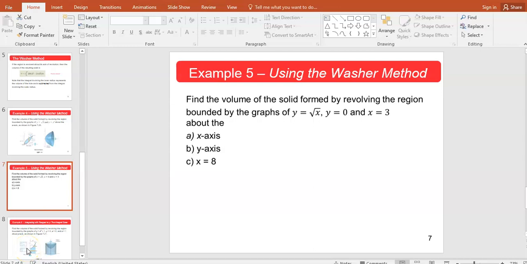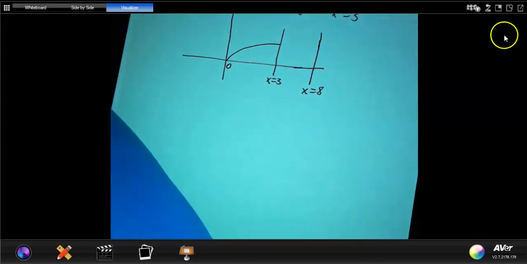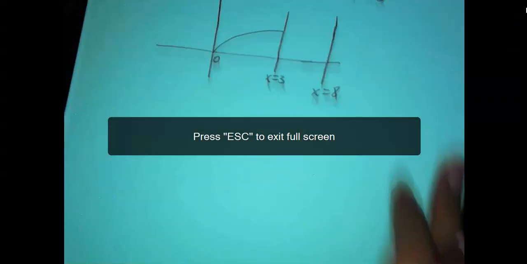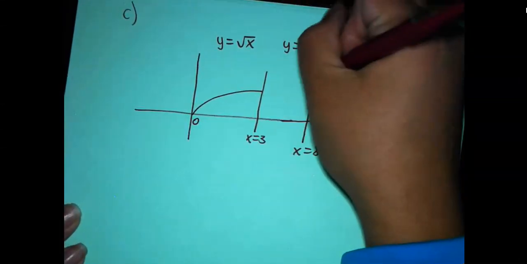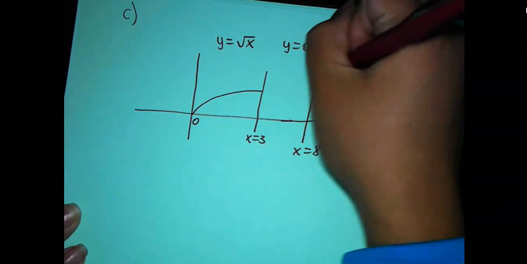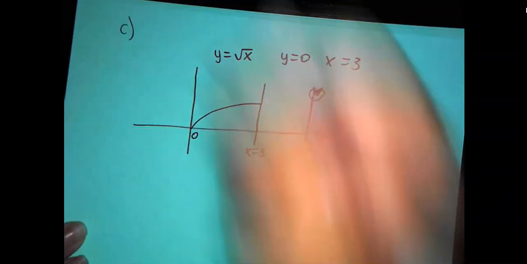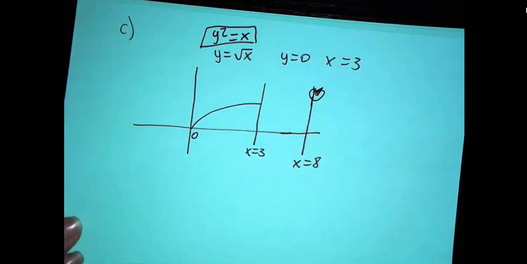Letter C is rotating it on x equals 8. It's rotating it on x equals 8. So let me show you how that looks like. I like drawing it again. And we're rotating it this way. So it needs to be in terms of y. We had already solved for x, so we're going to be using this function because it's rotating it this way.